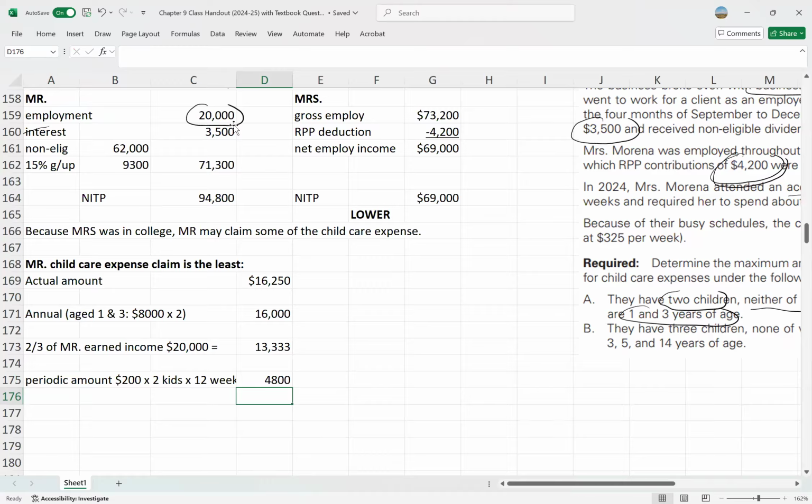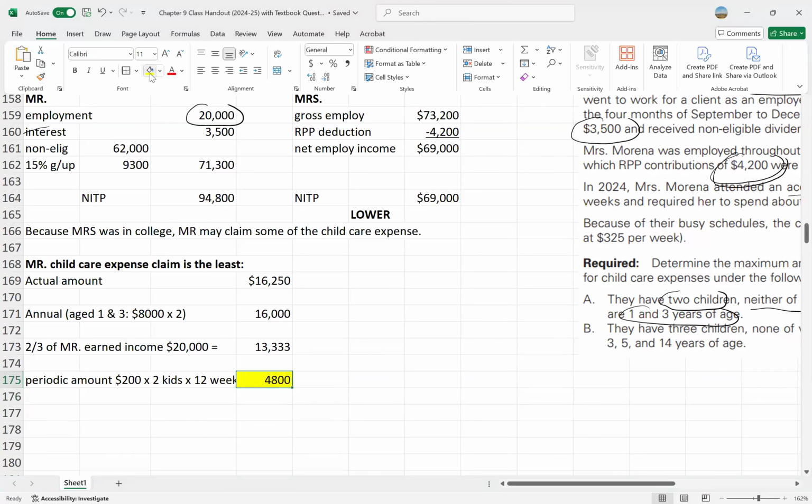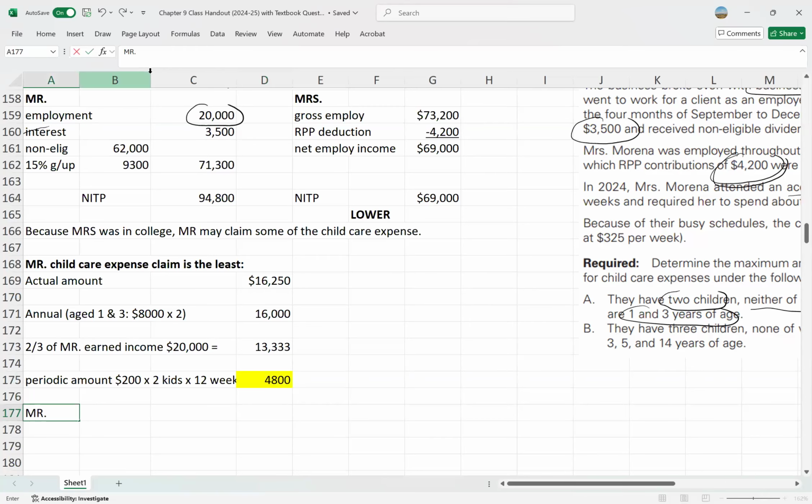Any questions about these 4 calculations here? So he can claim the least of these 4 amounts. So that's going to be 4,800. So Mr. may claim 4,800 in childcare expenses.